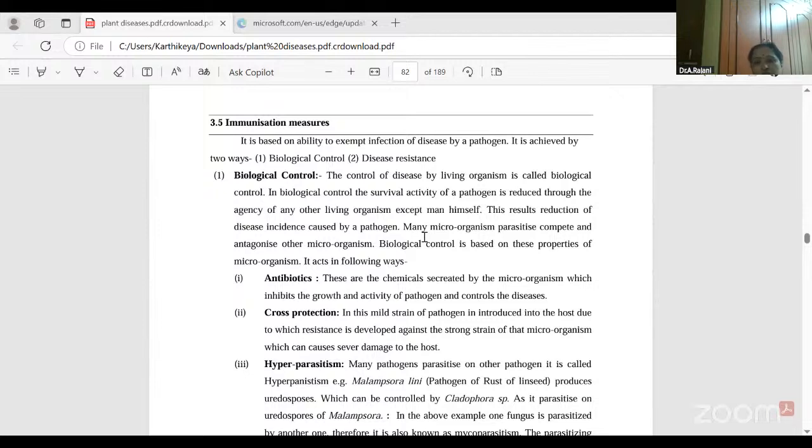In biological control, the survival and activity of the pathogen is reduced through the agency of another living organism, except man himself. This results in reduction of disease incidence caused by the pathogen. Many microorganisms compete with and antagonize other microorganisms, and biological control is based on these properties.